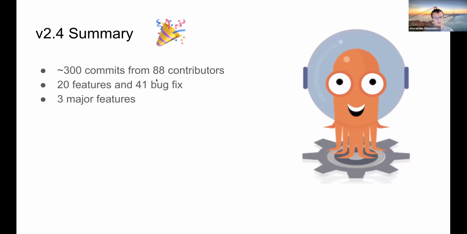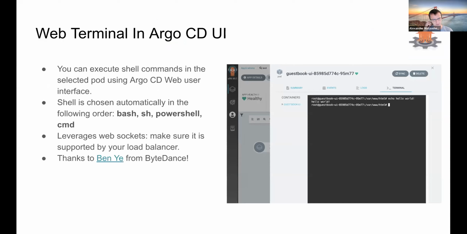In those 300 commits, we've got around 20 features and 41 bug fixes and a lot of documentation improvements, which I didn't count here. We also had 3 major features that I want to cover today. I want to start with one feature that was anticipated by many users.